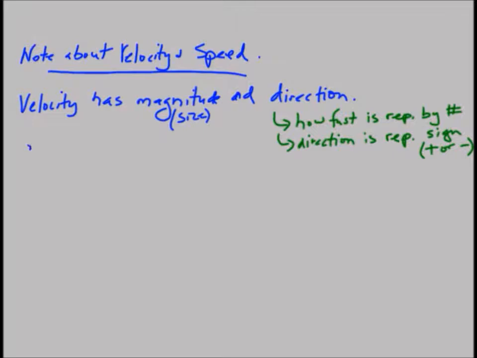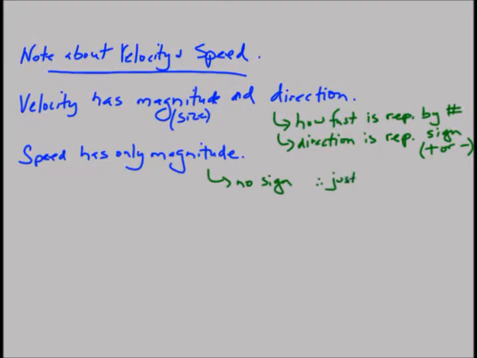Speed, on the other hand, has only magnitude, does not have direction. So there's no sign represented, therefore it's just how fast, which is represented by the number.